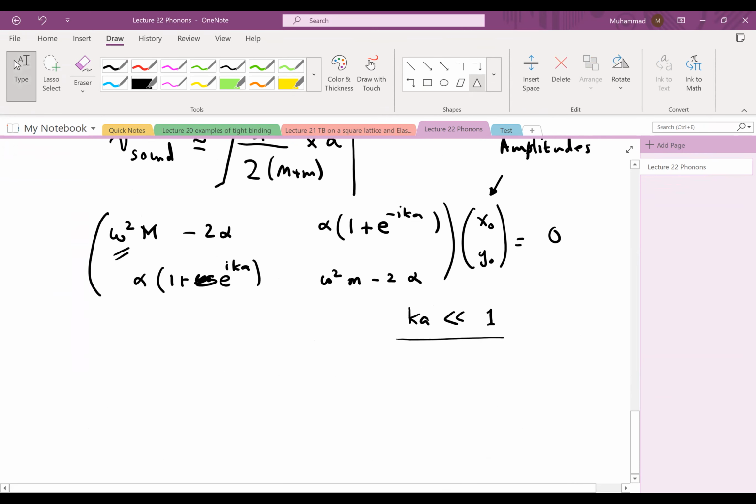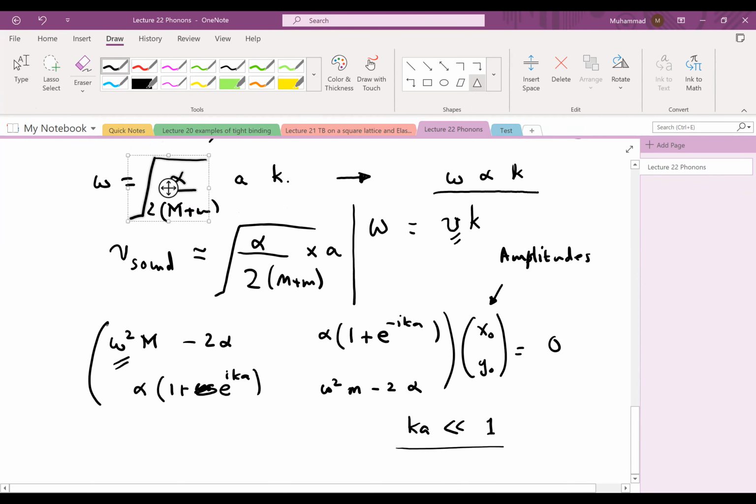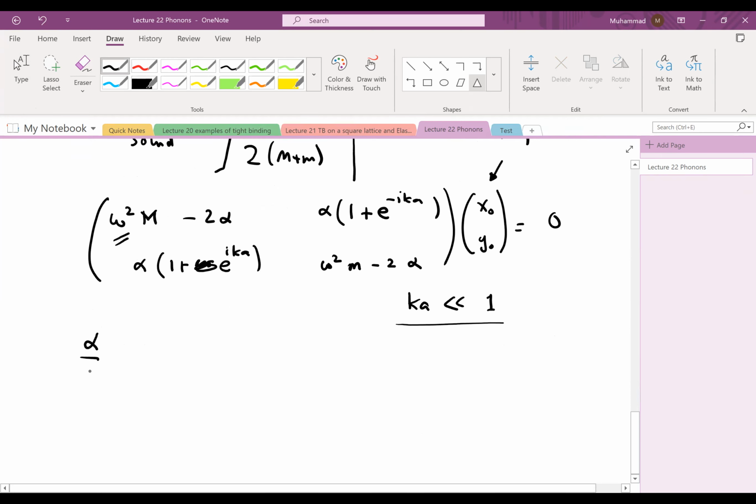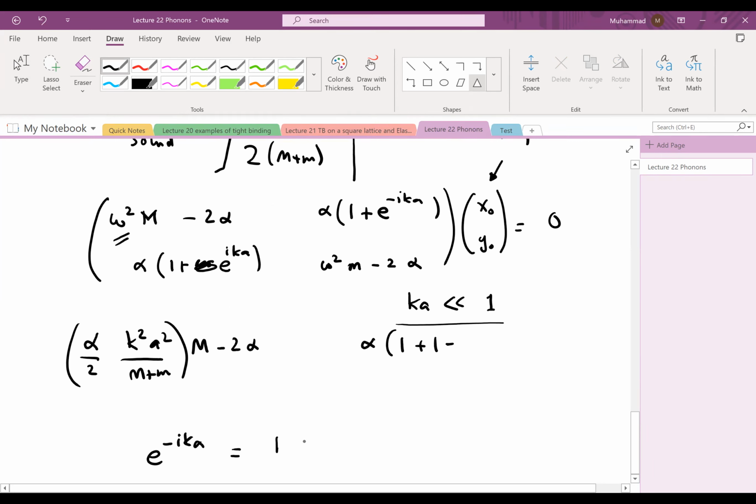So if I were to do that, I would get alpha over 2 k square a square m plus small m capital M minus 2 alpha, alpha 1 plus 1 minus, so e to the minus iKa can be written as 1 minus iKa, and so on, plus higher order terms.